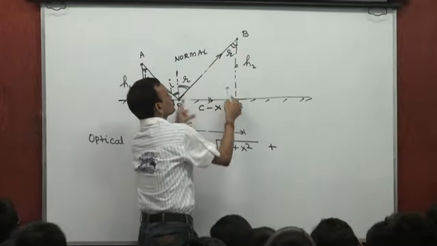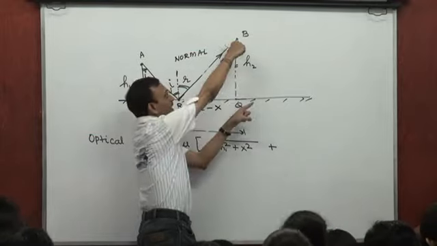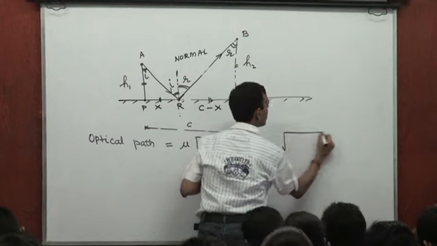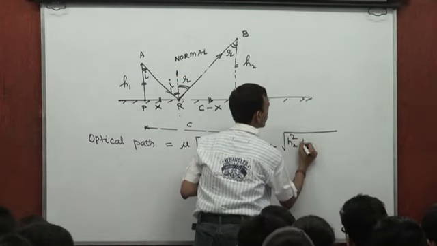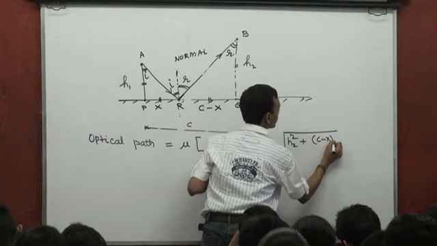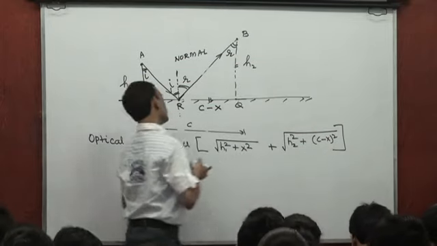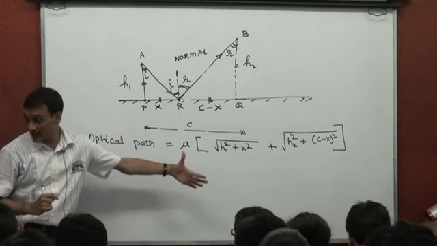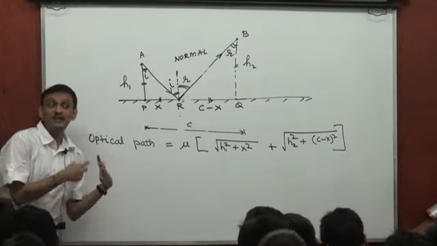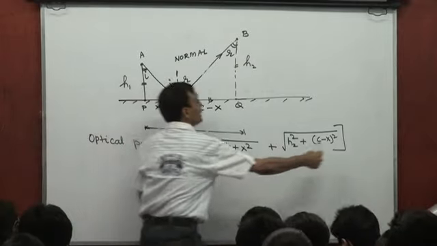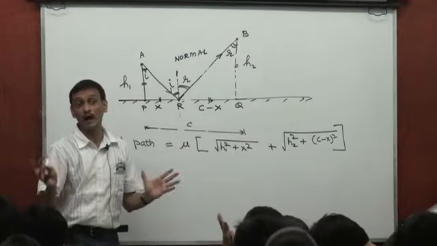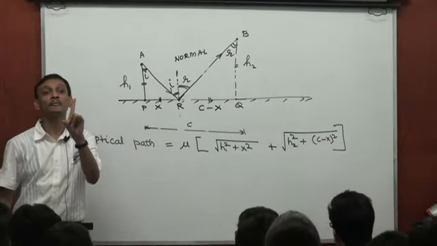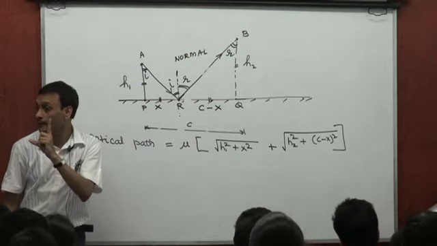RB is root H2 squared plus C minus X whole squared, right? That's the optical path, which is a function of X. How would X be determined? From the fact that ddx of this must be 0. For this path to be stationary, the derivative of this with respect to X must be 0. Such should be X.